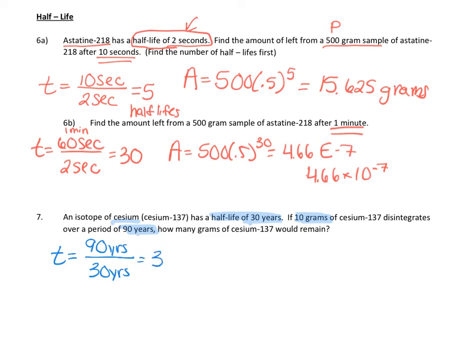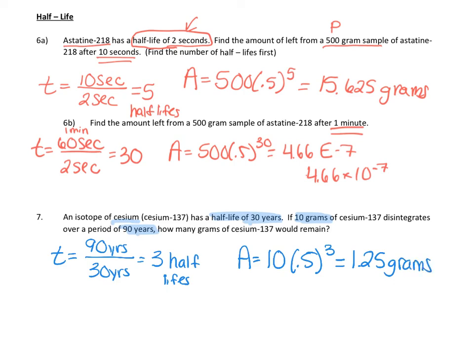So that means it's going to go through 3 half-lives. So the starting amount was 10 grams. I'm cutting it in half 3 times. And once I do that, I'll have 1.25 grams of the material left.